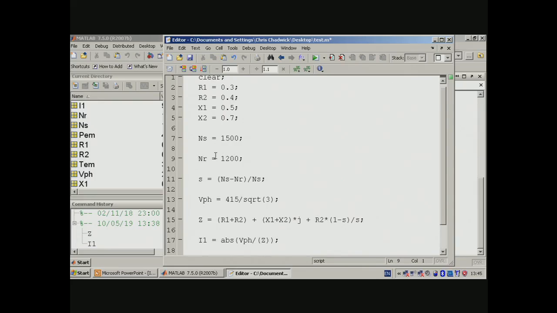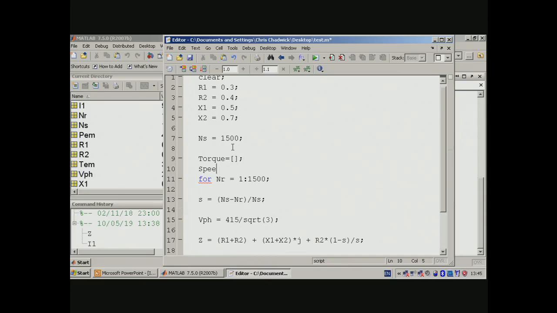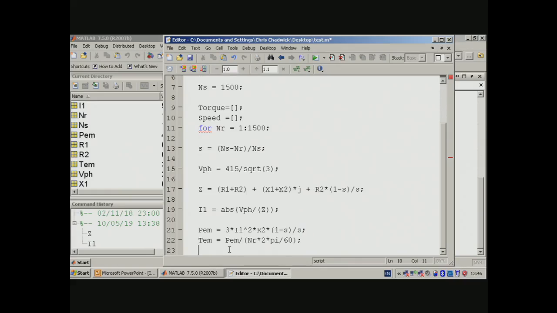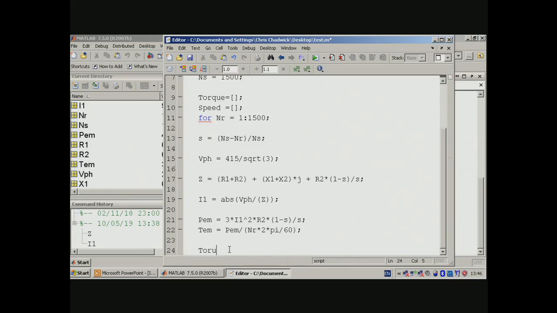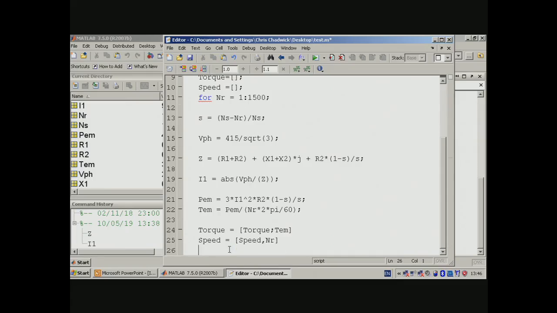Let's say you start off with 0 and then go up to 1500, and then we store the torque and speed values, with the torque stored here and the speed in NR.